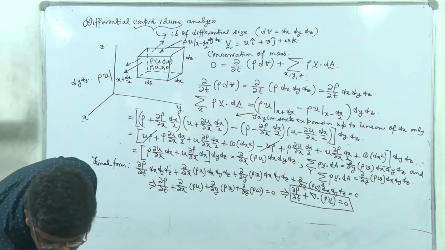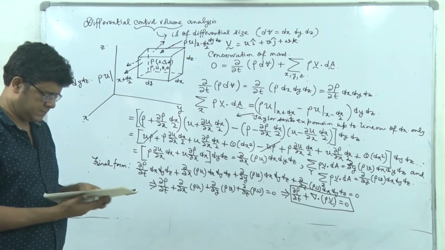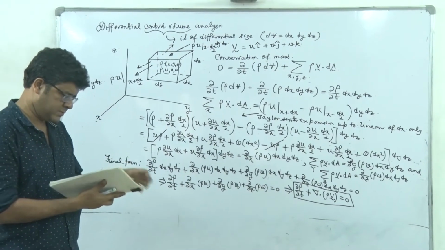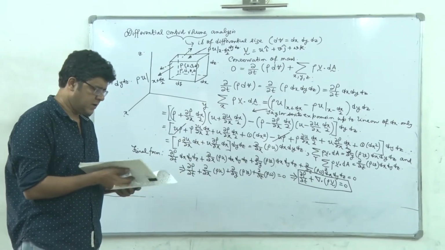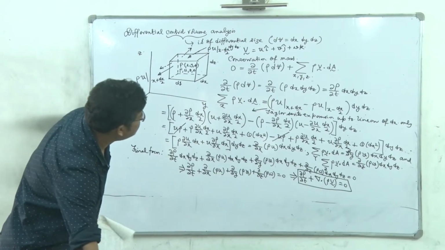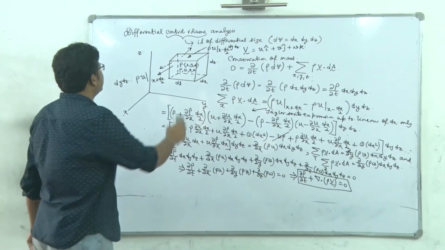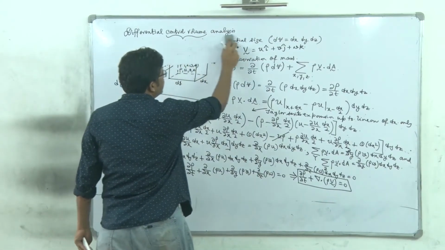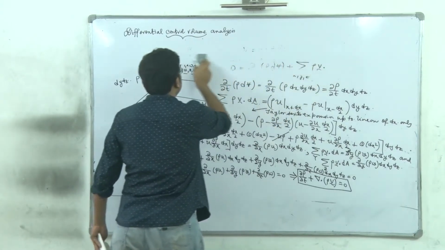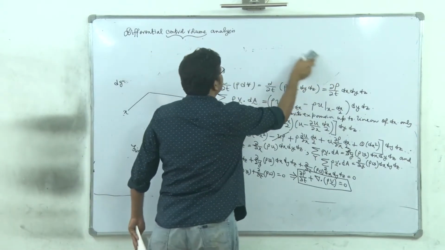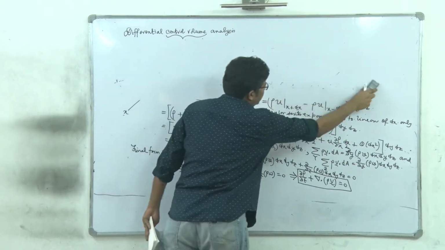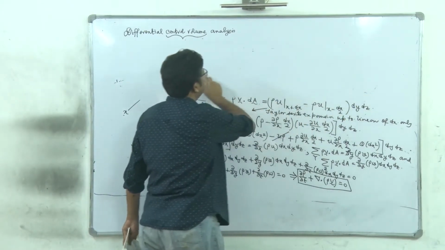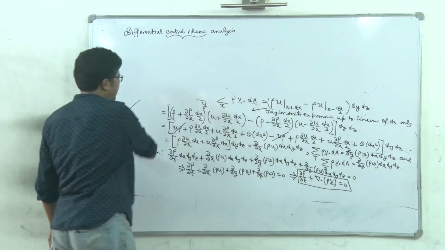Now, let's take an example of a GATE question of 2 marks where we have to use this continuity equation.